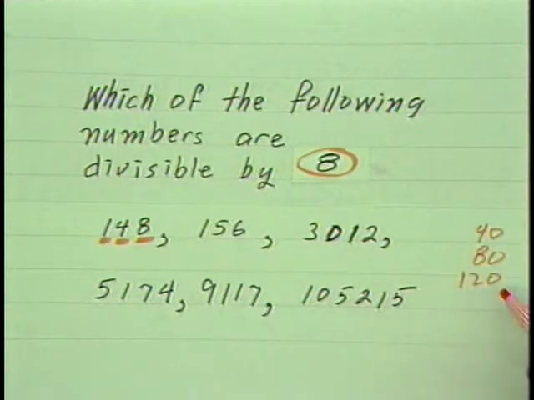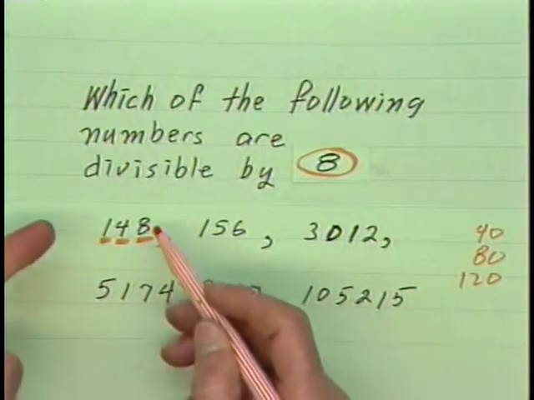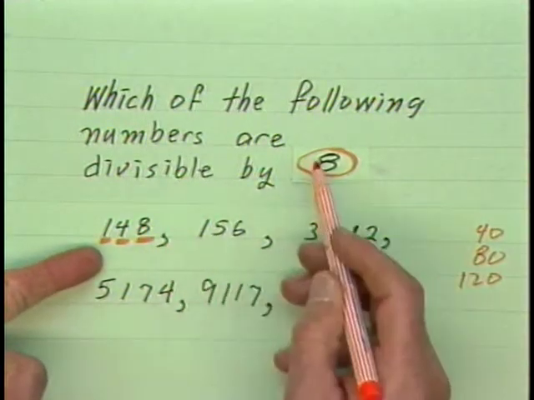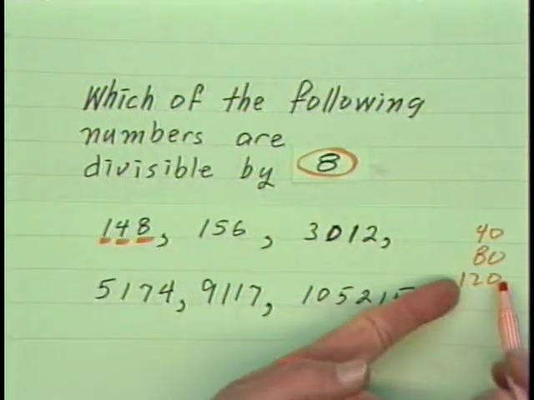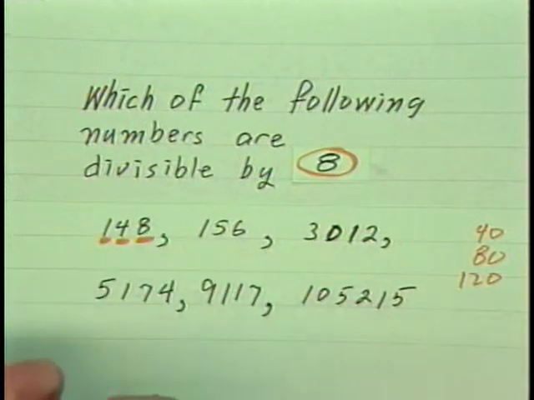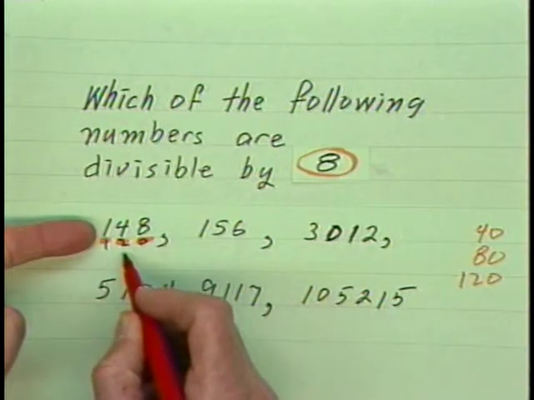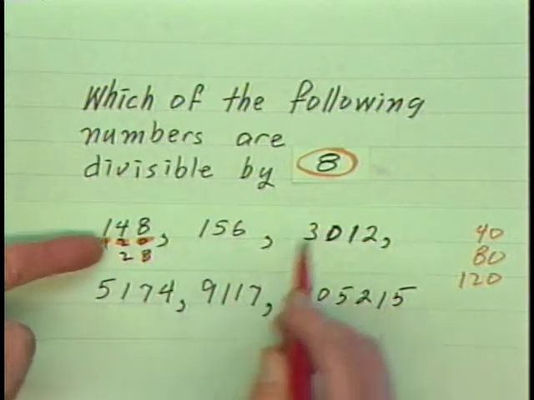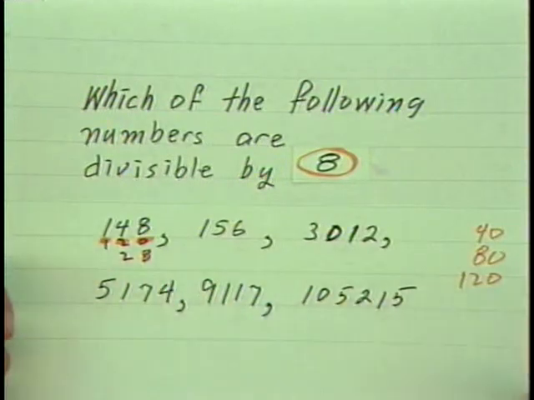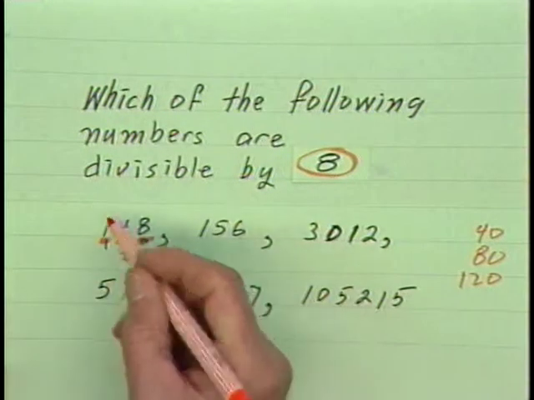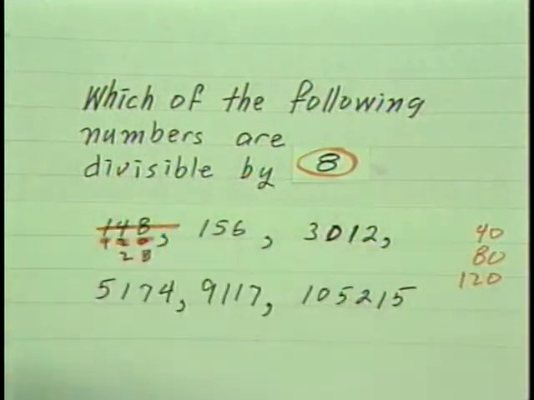These are all multiples of 8. Subtract one of those from that and take the difference and see if 8 will go into that. So let's get one as close to this as possible. That's 120. So if we subtract 120 from this, we'll get 28, and 8 won't go into 28, so it won't go into this one.